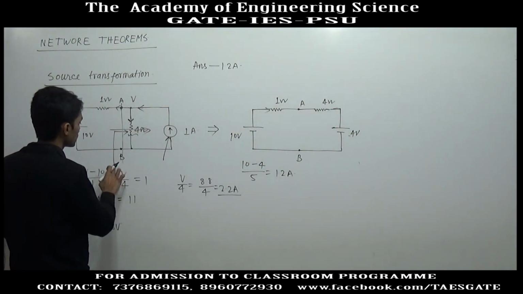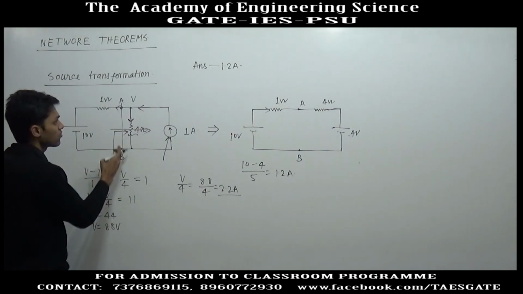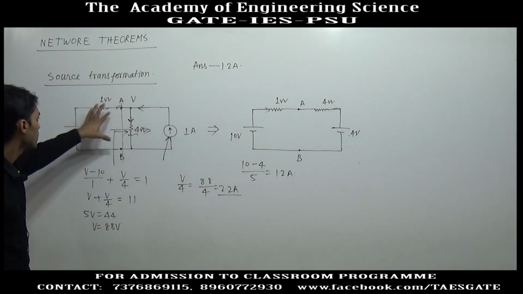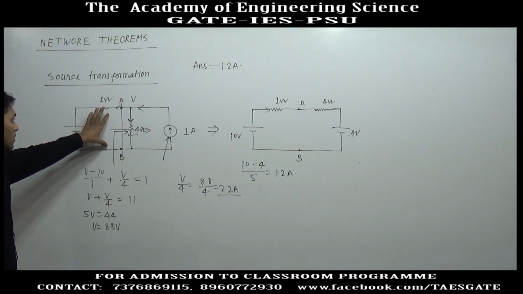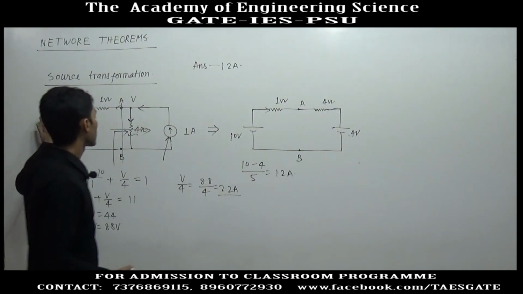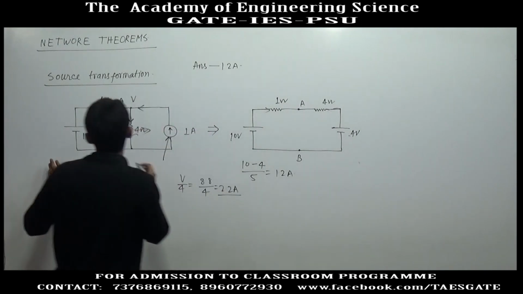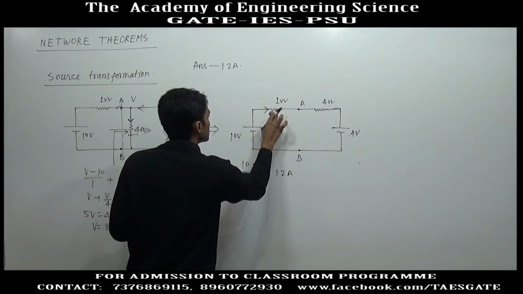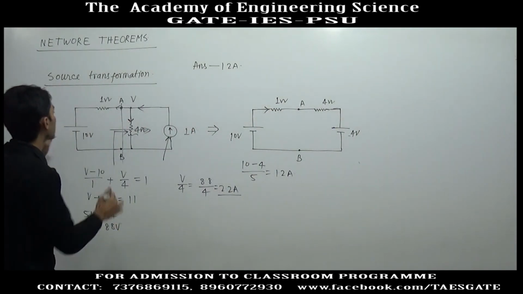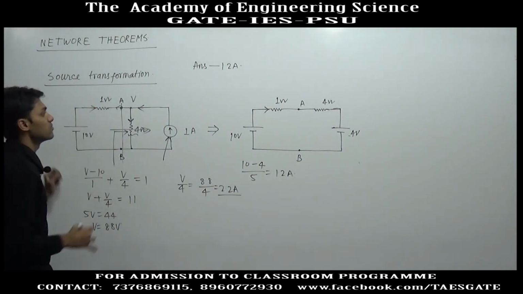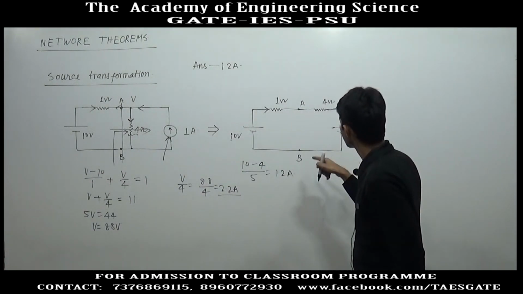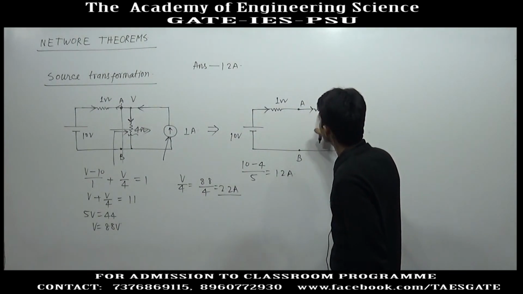You have applied source transformation to the right of points A and B, but the left part of the circuit is the same. So if you know the current in the 1 ohm resistance, it is preserved here, so the current will be the same. You have already calculated in this circuit that the current here is 1.2 ampere.